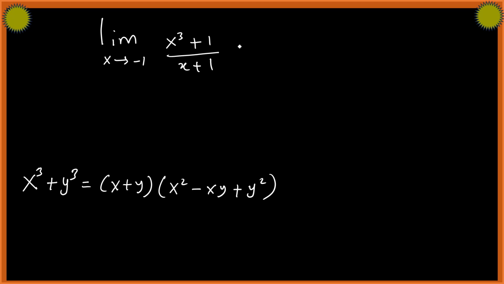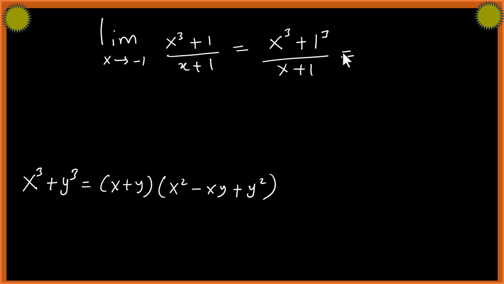So can we write the numerator as x cubed plus 1 cubed, over x plus 1? Yes. We know 1 cubed is the same as 1, so I've done nothing to this.